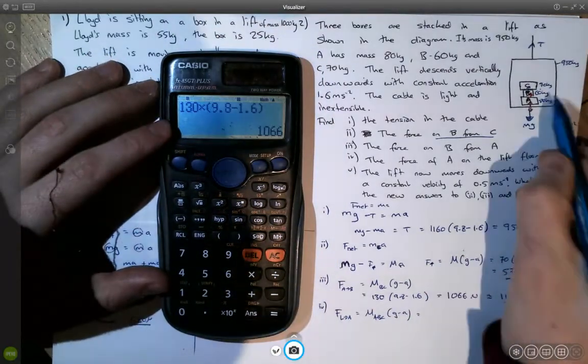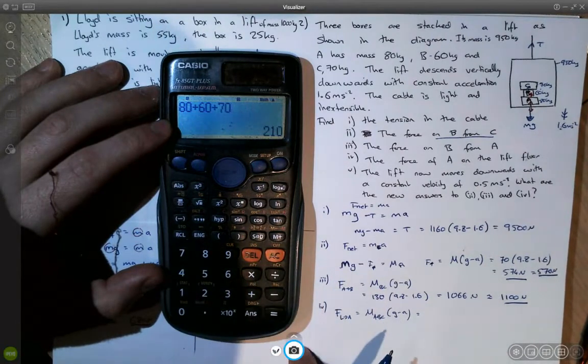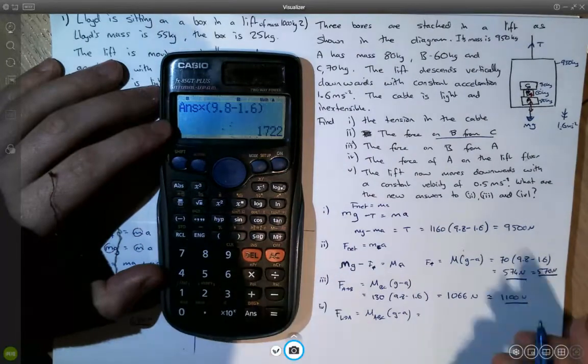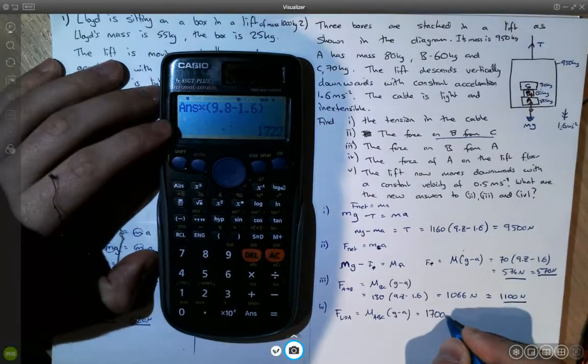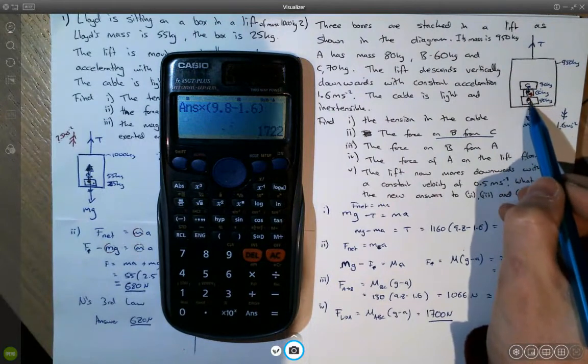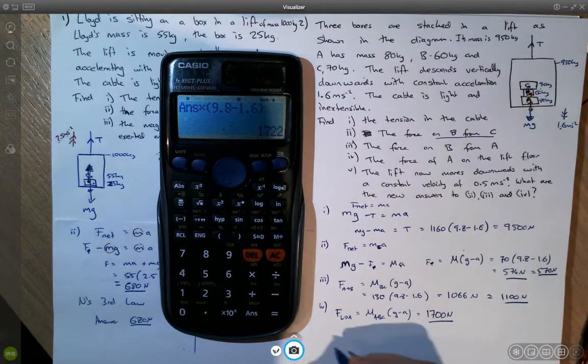So the mass of all of these together is 80 plus 60 plus 70, and then times by 9.8 minus 1.6, which is 1,700 newtons. So that is both the resultant force on A down and the contact force up.